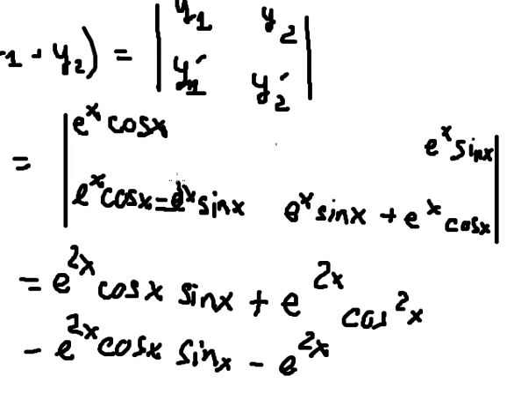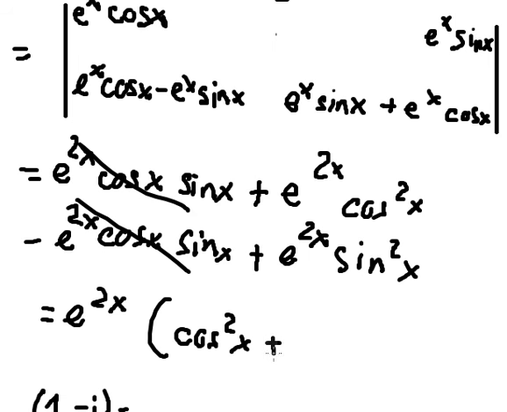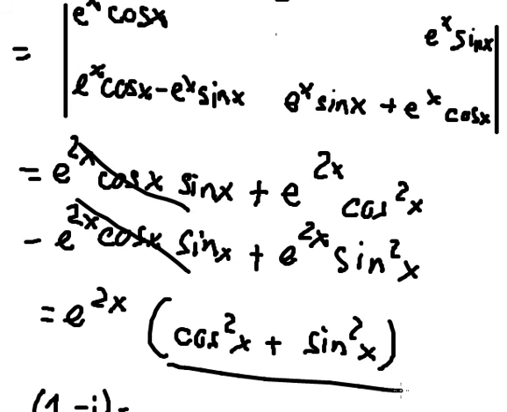Because we have a negative and another negative from here, we have positive, and that is sin s squared. So this one and this one cancel, and we can do factorization by e to the power of 2s, and that should be like this. This one is 1.